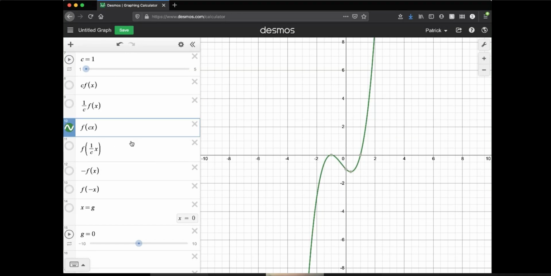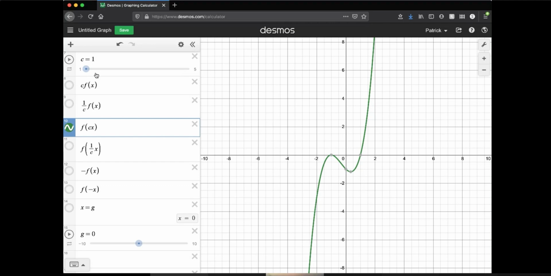C is on the inside, which means it's going to affect the horizontal direction. All right, if we look at the second row, this A was on the inside and that affected the horizontal direction. Same sort of thing here when you're multiplying.